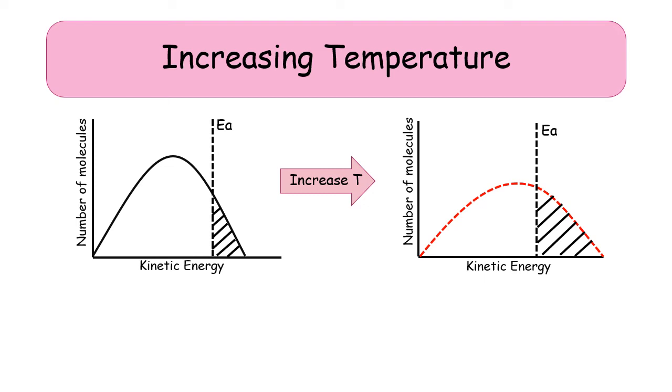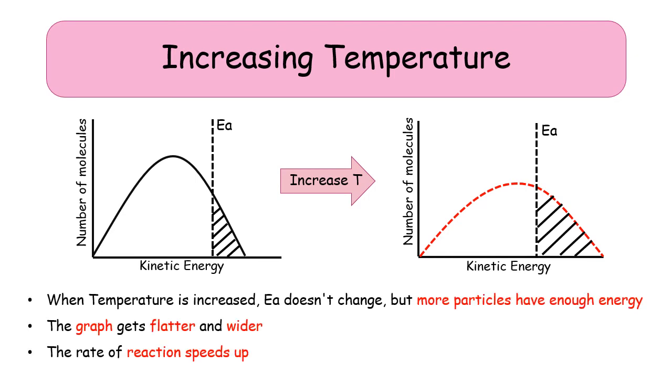The activation energy hasn't changed, it's just the number of particles with enough energy that has changed. So when temperature increases, activation energy doesn't change, but more particles have enough energy. The graph gets flatter and wider, or you can remember it as flatter and fatter if that helps, and this speeds up the rate of reaction.